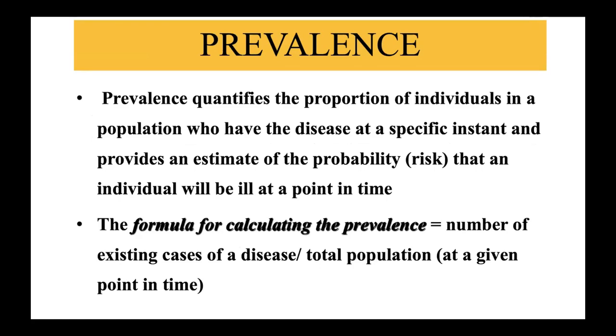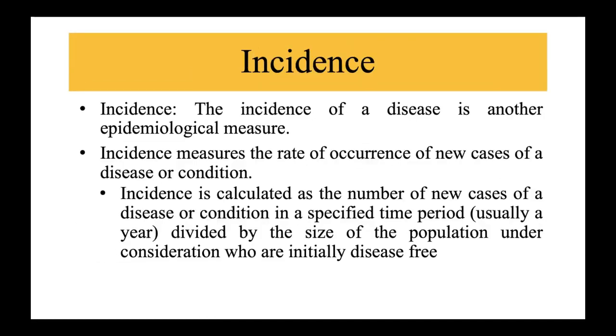The prevalence quantifies the proportion of individuals in a population who have the disease at a specific instance and provides an estimate of the probability or risk. Actually, the prevalence is going to show you the risk factor that the MBBS students face in 5 years from the first year to the final year. This is the formula. This is very simple to calculate.